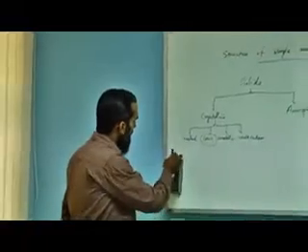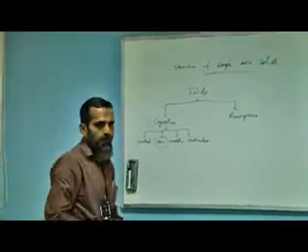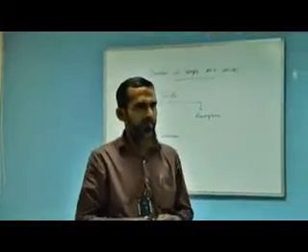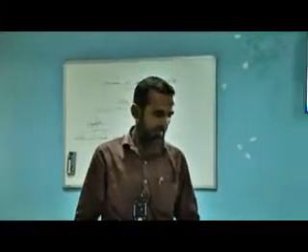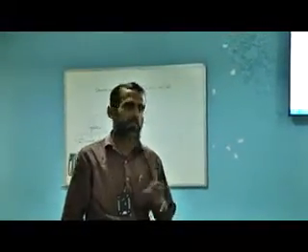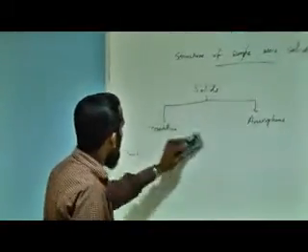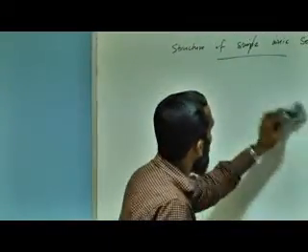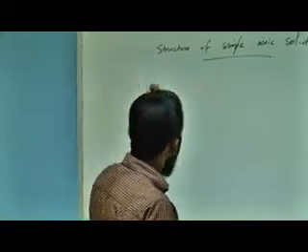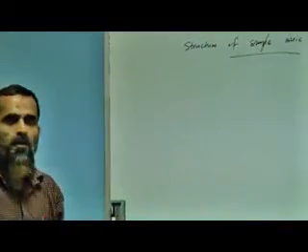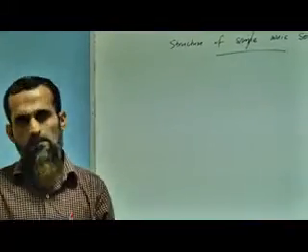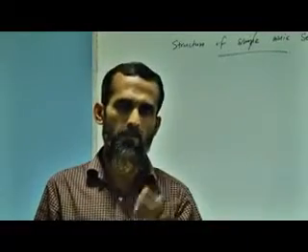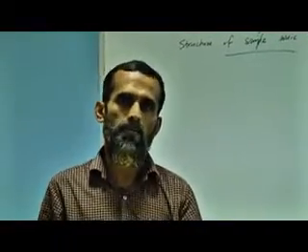Now, you know that any ionic solid contains positive and negative ions, what we call cations and anions, of which anion is generally bigger in size than the cations.